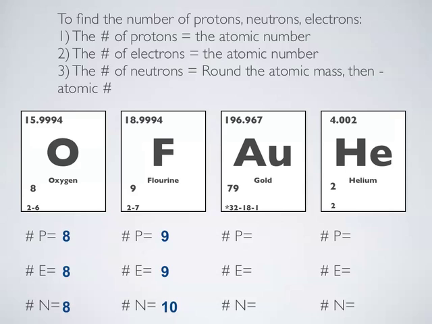Gold. What is one property of gold that you may be familiar with? It's soft. Okay, it is soft. Something else. Yes, it's very dense. If you look at its periodic table entry now, can you guess why it is so dense?